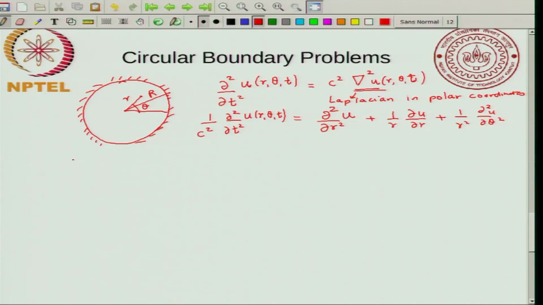Now, let us look for solutions that have circular symmetry, that is, symmetric and independent of theta.